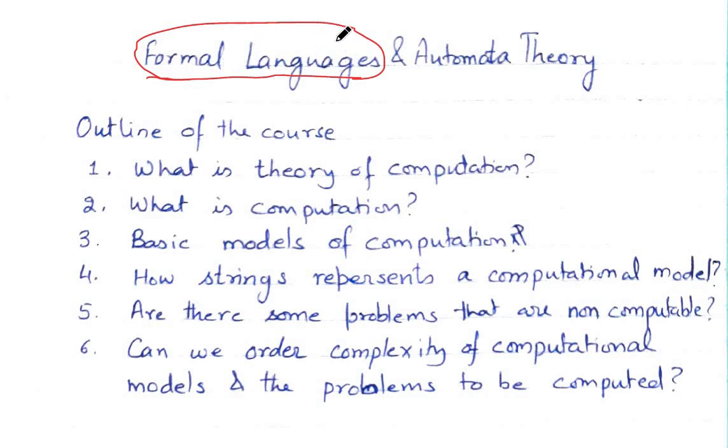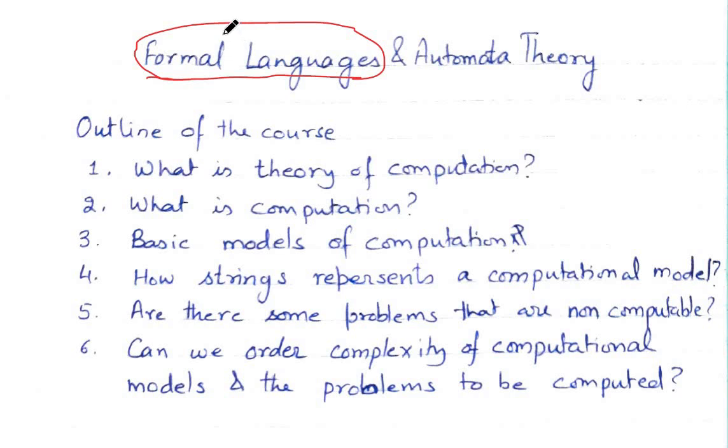The strings that are generated by certain mathematical models form a formal language. So whether a certain set of strings is identifiable by some mathematical construct, then we say it to be a formal language.